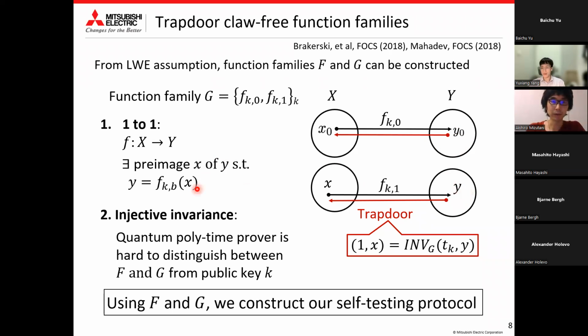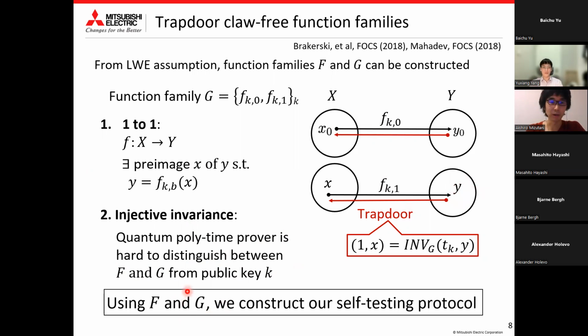The important property of this function family is the injective invariance property. It says that a quantum polynomial time prover finds it hard to distinguish between the function families from the given public key K. And like the function family F, this function is also a one-way function. Without the trapdoor information, it is hard even for a quantum computer to invert the output.